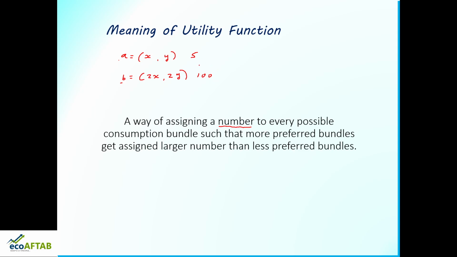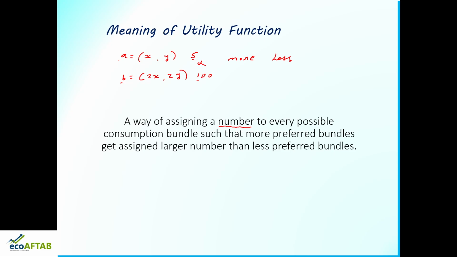Here one thing must be made clear: this number 5 and this number 100 are not related to each other in any way. It does not mean that bundle B is preferred 20 times more than bundle A. No, that is not the case. It is simply a number telling us whether a particular bundle is preferred more or less. In this case we can say bundle B is preferred more than bundle A.